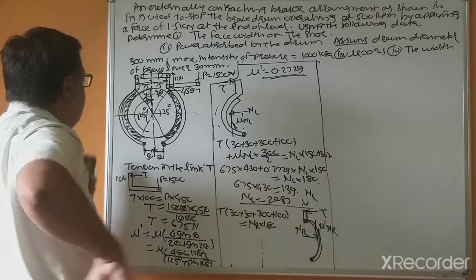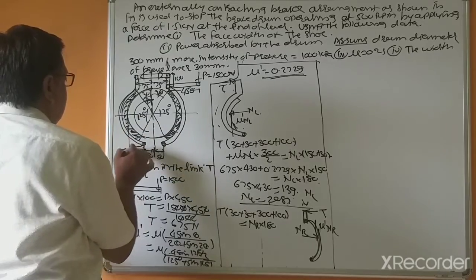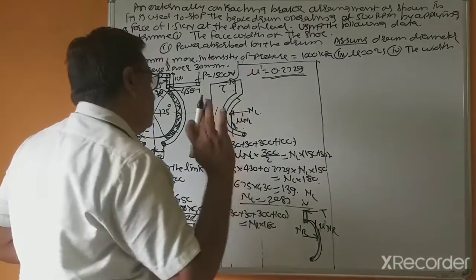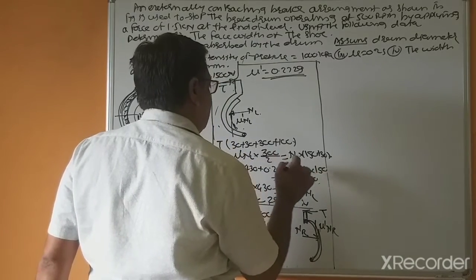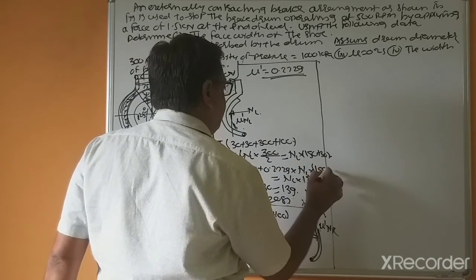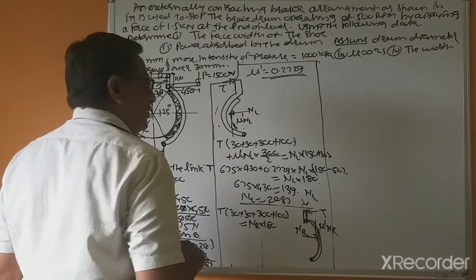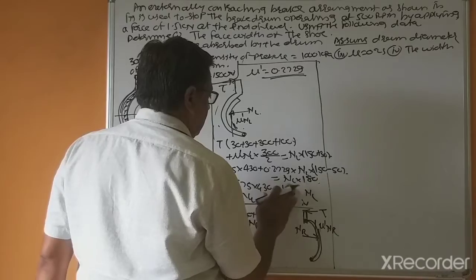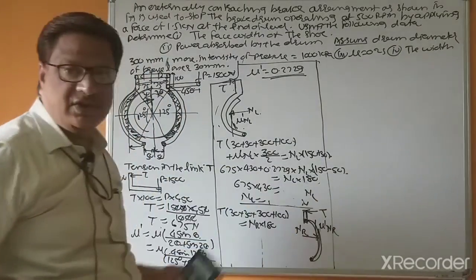Yes, because this distance is also to be considered. So this distance equal to, this is wrong again. Here this is 150 minus 50. Sorry, once again. This is actually correct.